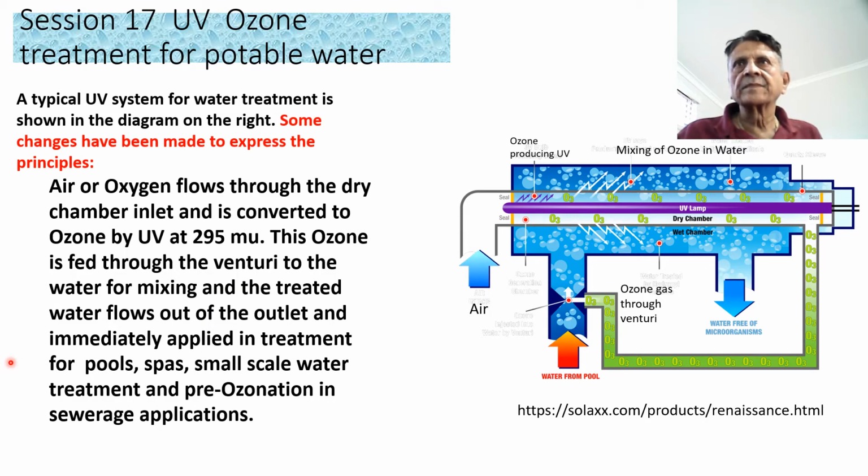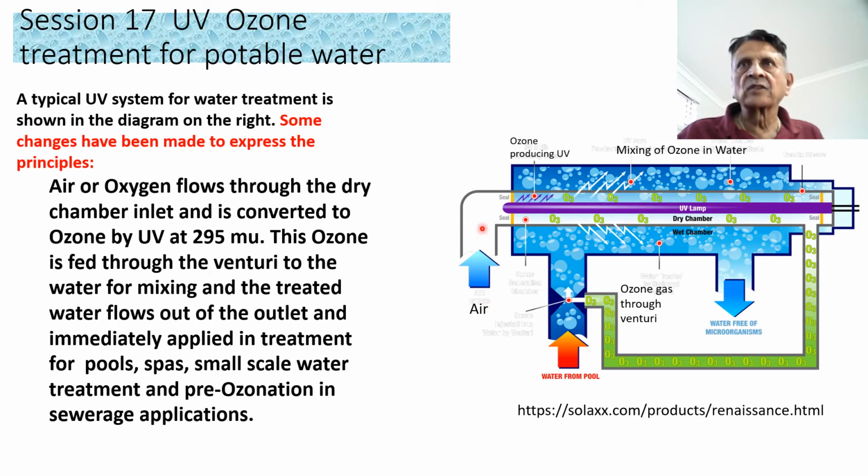This is a picture or diagram which shows an equipment that produces ozone by passing air through the UV lamp.